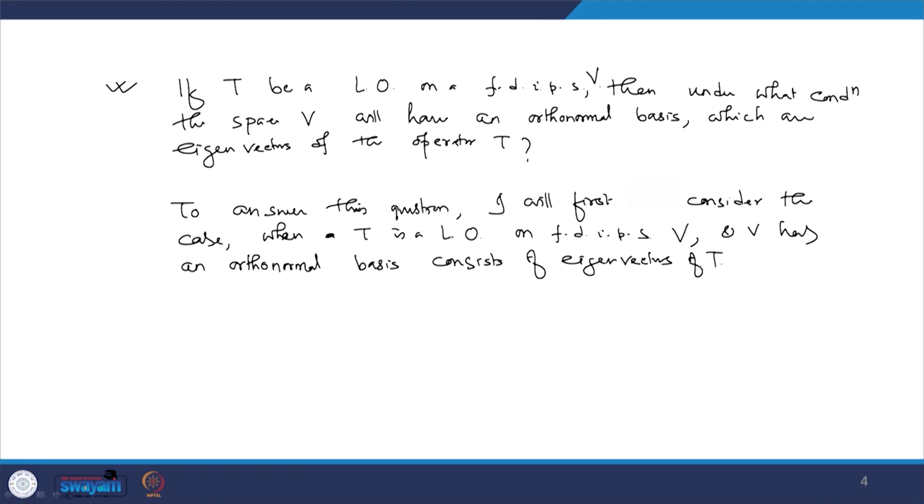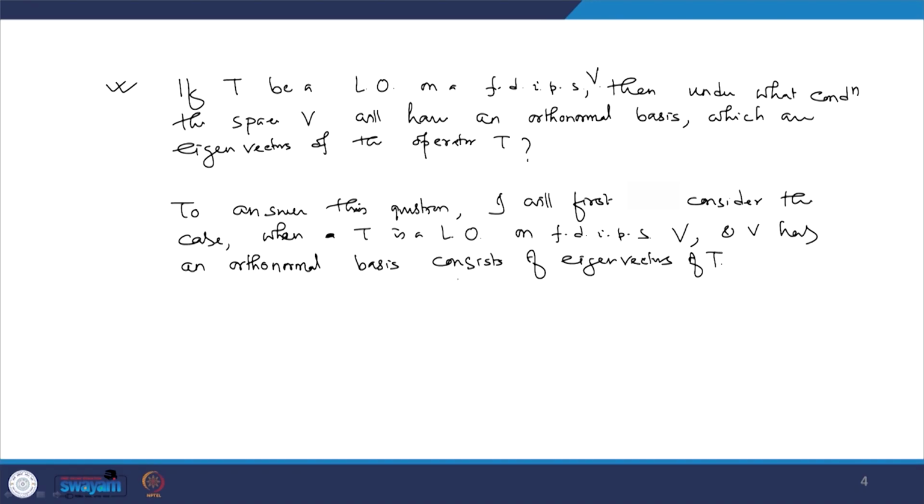Suppose the operator T is defined on an inner product space and the space has an orthonormal basis consisting of the eigenvectors of T, then I want to know what is the typical characteristic one may see on this operator. Maybe that will give a hint to answer the above question.